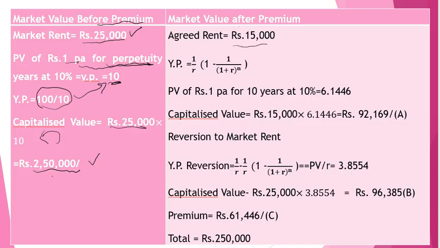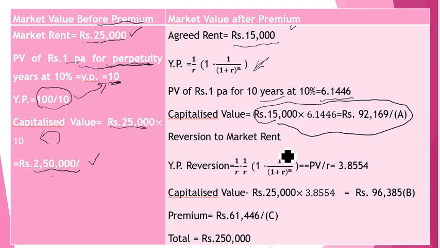Agreed rent is 15,000. So YP for 10 years at 10%, YP single rate we will be applying 6.1446. So capitalized value for this rent is 15,000 into 6.1446, 92,169. Then reversion to market rent. So YP reversion, that is PV upon R, that is YP after 10 years.